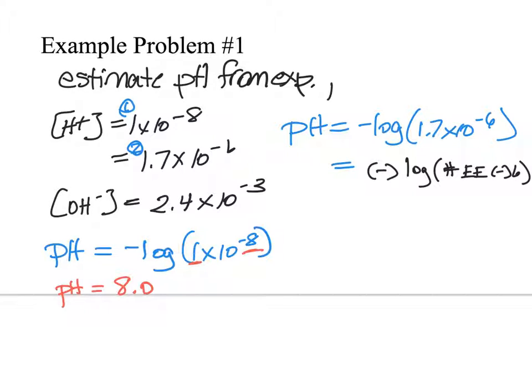Enter. In my lesser scientific calculator, you have to put in hydronium first. So I would have to put in 1.7 EXP, change sign, 6, and then log and negative again. All right, so let me go ahead and calculate that. I know it should be somewhere between 5 and 6 if I do my calculation correctly.